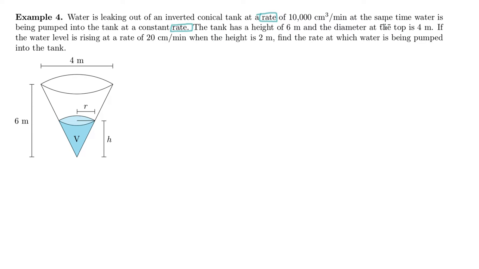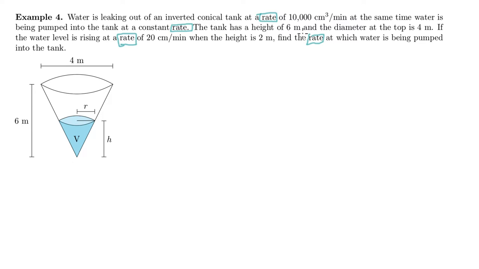Then what else do we know? The water level is rising at a rate of 20 centimeters per minute. Okay, and then we want to know the rate at which water is being pumped into the tank.